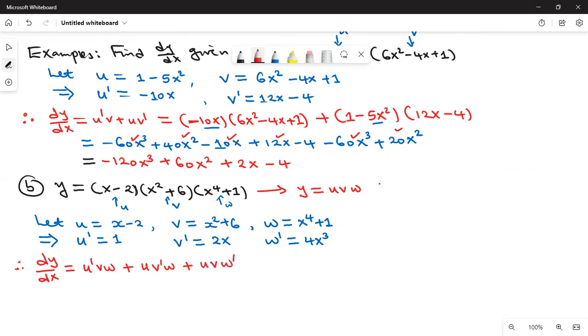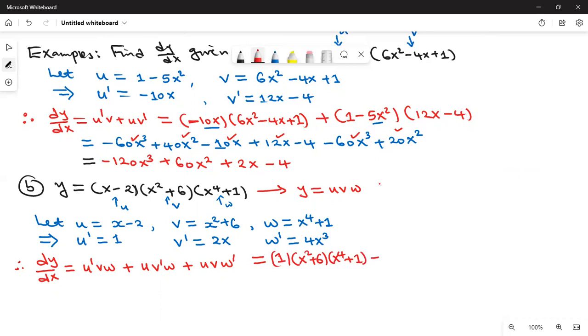Look at that pattern. Even if you had 4 of them, you start differentiating in steps. First function differentiates, keeping the others constant, plus now differentiate the second, keeping the others constant, plus differentiate the third, keeping the others constant, in that order. And so when we substitute, u prime is 1 times v times w, so that is x squared plus 6 times x raised to 4 plus 1.